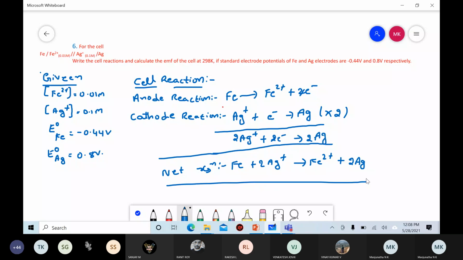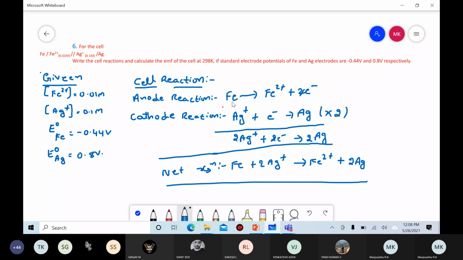Is it clear? How to write the cell reaction? Any doubt in this? No, sir.